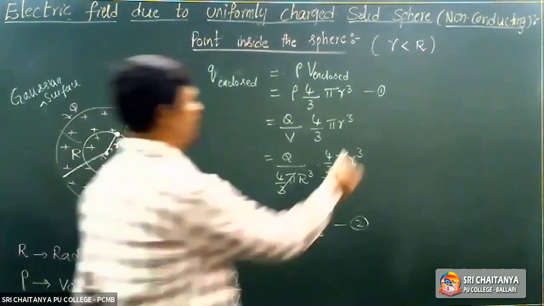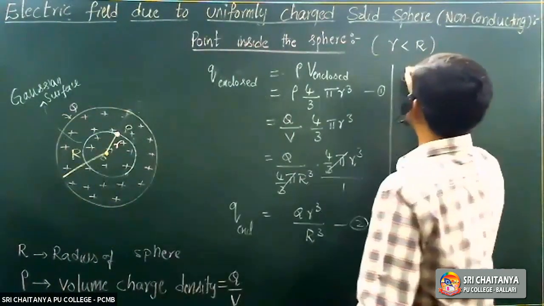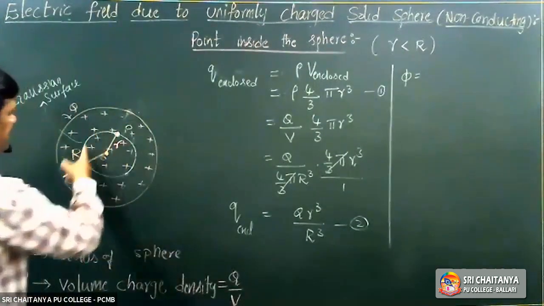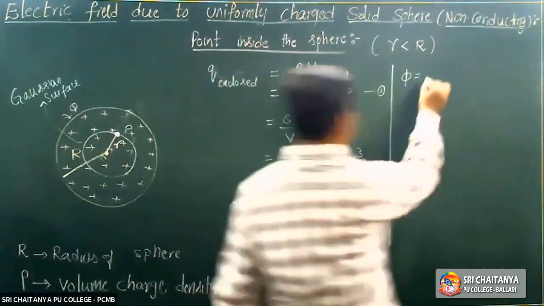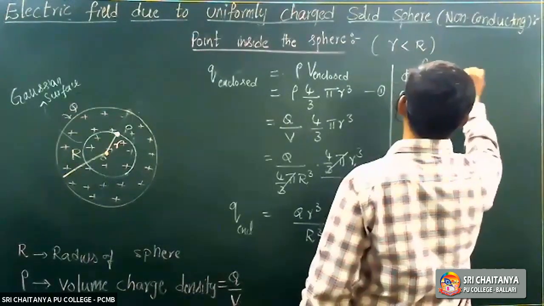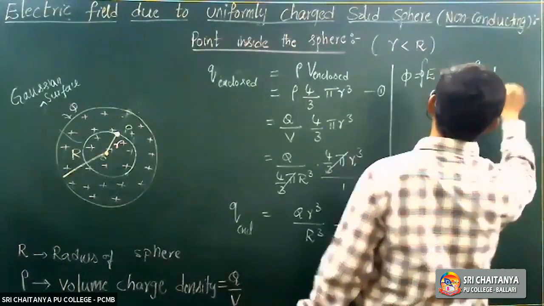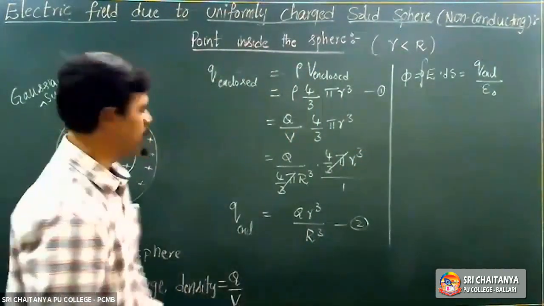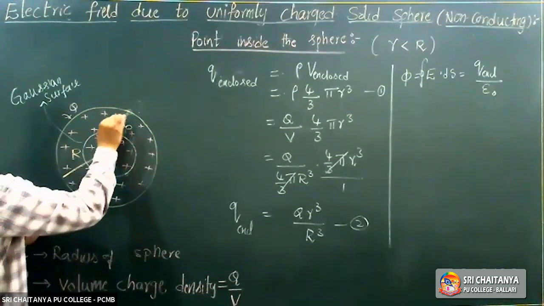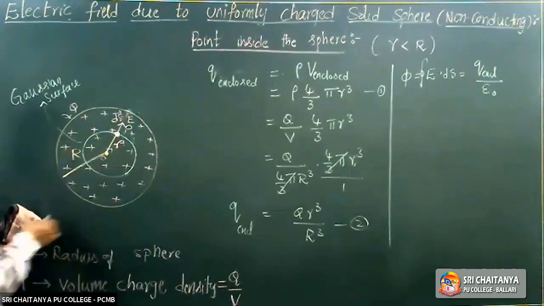Then, what is the field? According to Gauss law, the flux through this Gaussian sphere, integral E dot ds, is equal to Q enclosed by epsilon naught. See this Gaussian sphere. Here the ds vector comes in this direction, and the E vector also comes in the same direction.